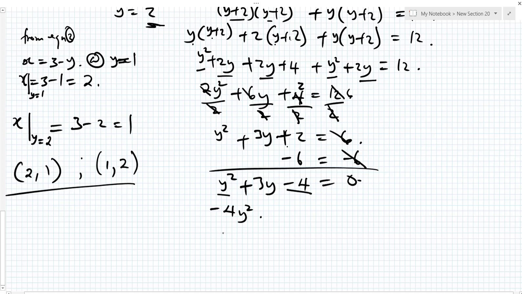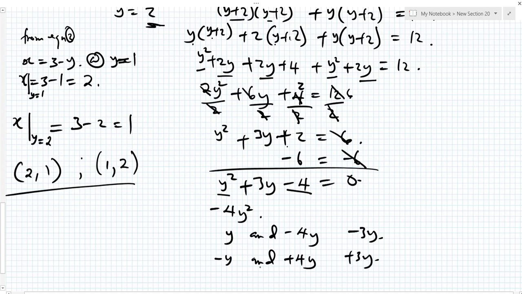Let's start with y and minus 4y. When you sum these two factors together, it will give you minus 3y. So let's reverse it: minus y and plus 4y will give you plus 3y.